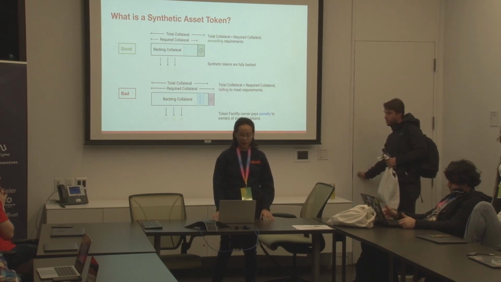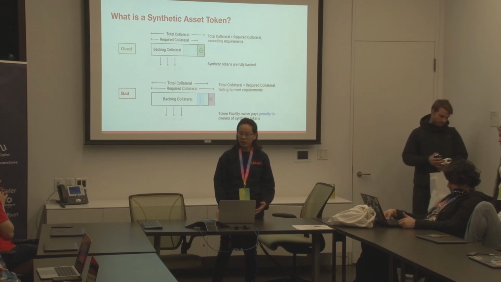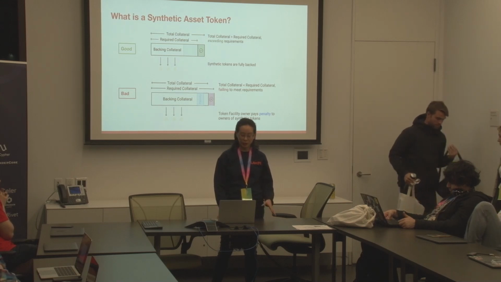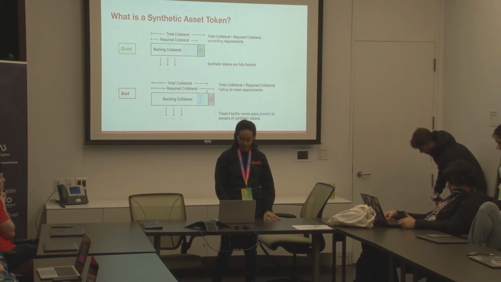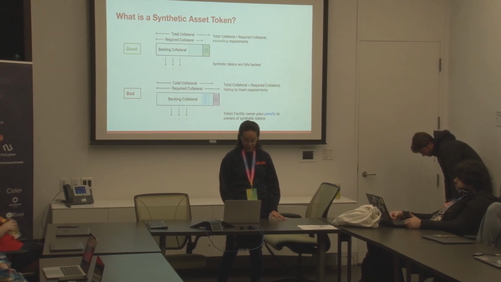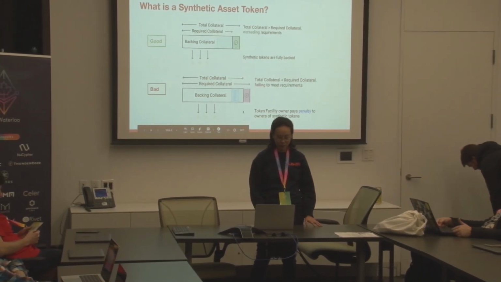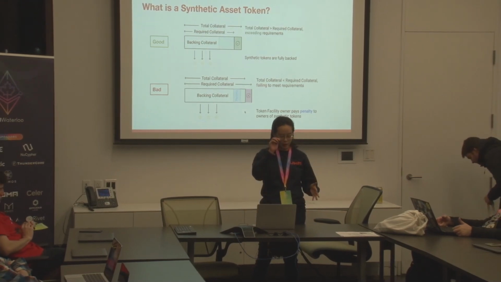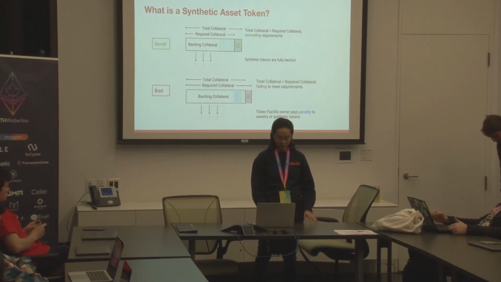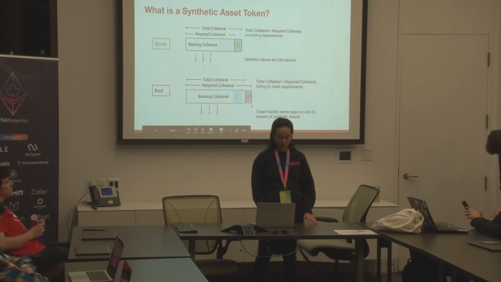So of course, what happens in the bad case? You have a liquidation process that's very similar to what you might have seen before. In this picture, you can see you've got, again, this amount of total collateral, so it goes up to here. But because the actual price of gold, as is being piped into the smart contract, has changed, the actual required amount of collateral you're supposed to have is up here.